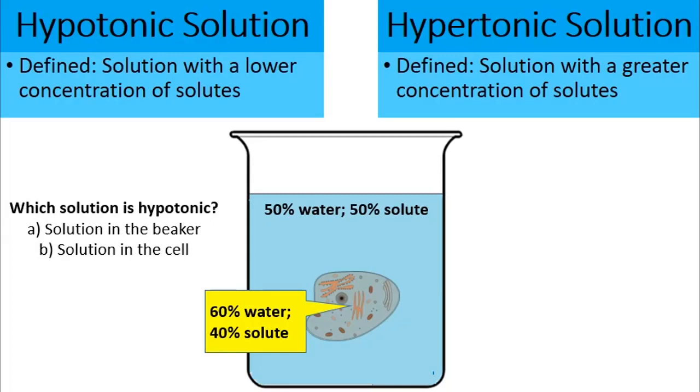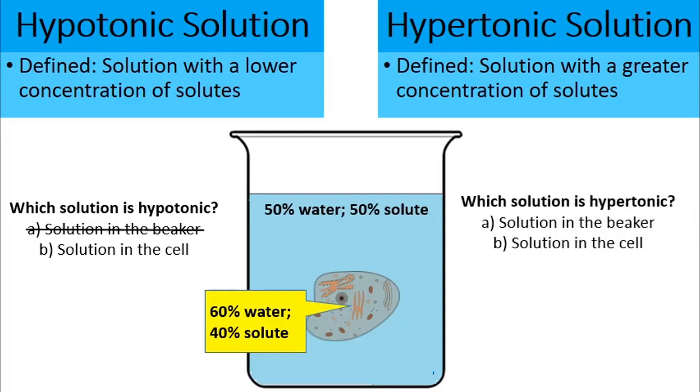Hypotonic is one with a lower concentration of solutes. So the solution in the cell is now considered the hypotonic solution because 40% is a lower percentage than 50%. And which solution would be considered hypertonic? By definition, hypertonic is one with a greater concentration of solutes, and that's the solution in the beaker. 50% is a greater percentage than 40%.